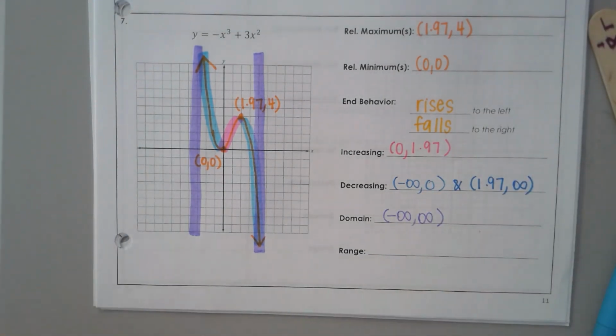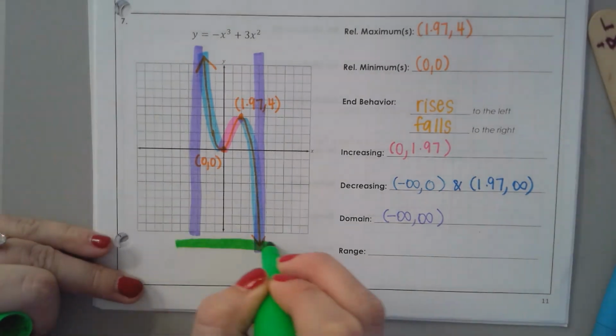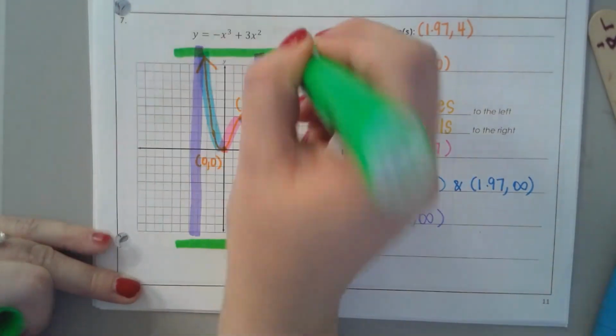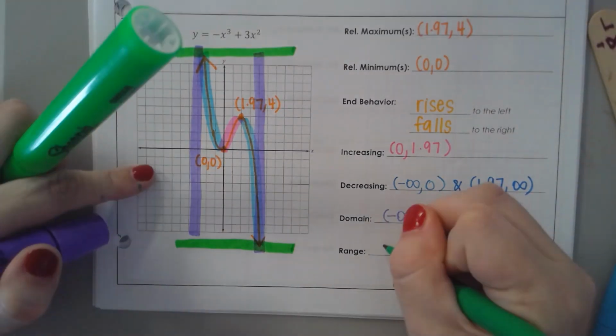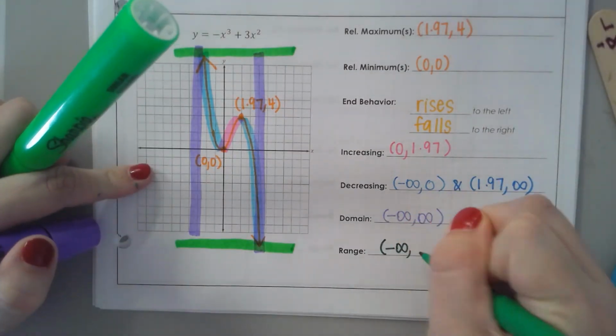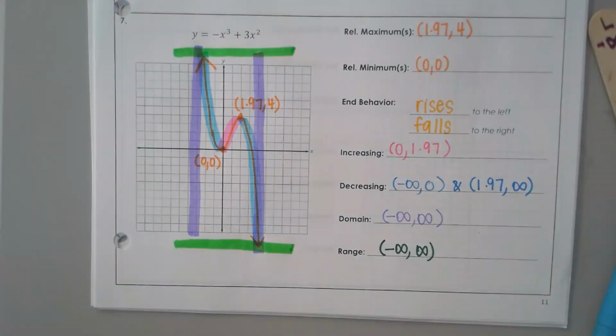Negative infinity to positive infinity. And then the range, I have an arrow on the bottom and an arrow on the top. So the range is also negative infinity to positive infinity.